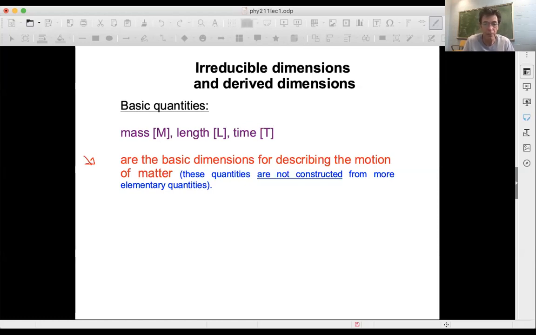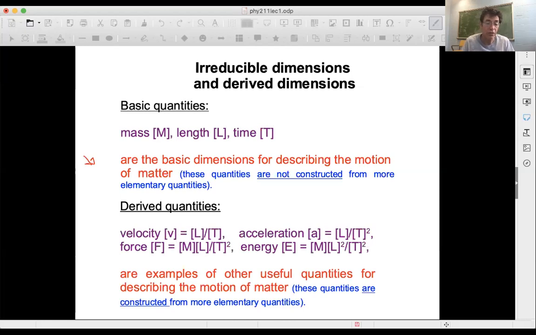There's no smaller bits or pieces that we can break mass, length, and time up into. So that's why they are basic dimensions. They're not constructed from more elementary dimensions or quantities.